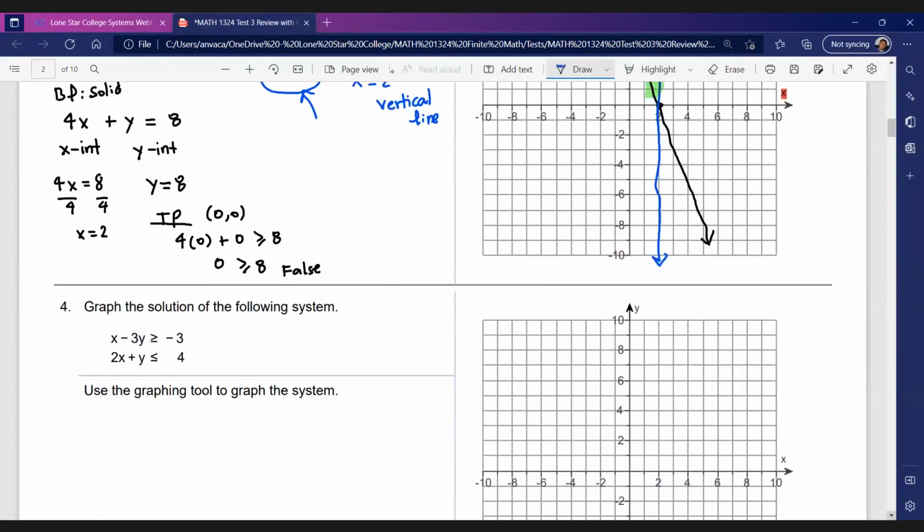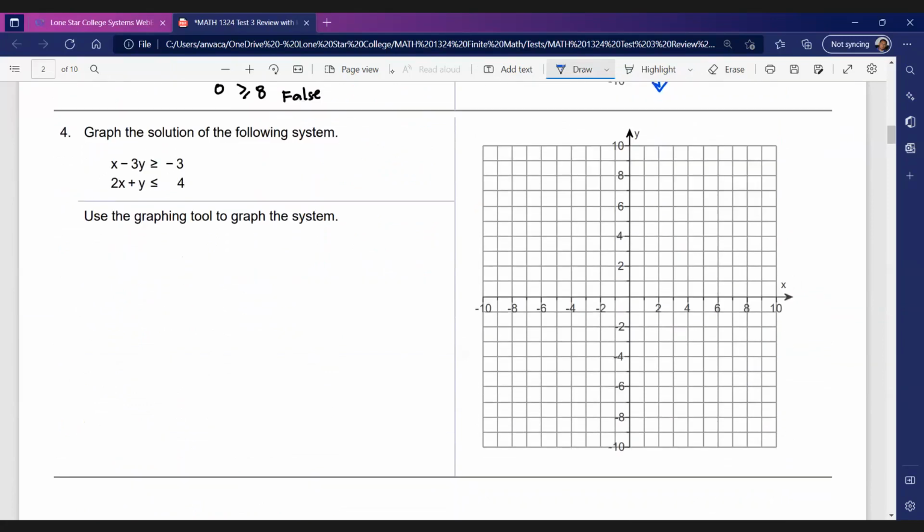Okay, let's go ahead and keep going here. We have another system of linear inequalities. So we are going to do some coloring, but eventually we're going to have to trim if there is an intersection of solution sets. The first inequality is x minus 3y is greater than or equal to -3. The boundary line will be solid, and the equation will be x minus 3y is equal to -3.